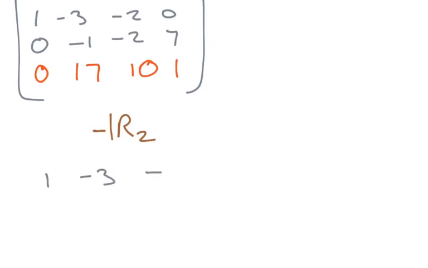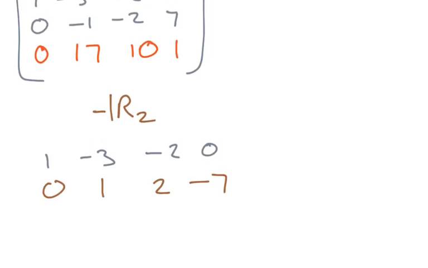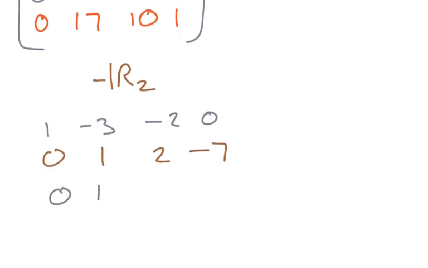So 1, negative 3, negative 2, 0. This is going to change. I'm just changing the signs. So note 1 and 2 were negative, now they're positive. 7 was positive, so now it's negative. And the last one is still going to be 0, 17, 10, and 1. Okay, we're getting there.